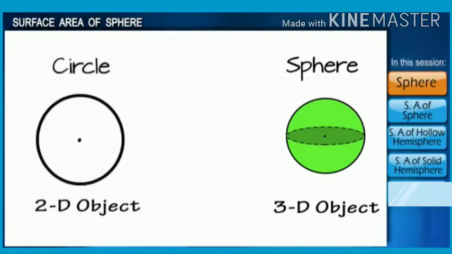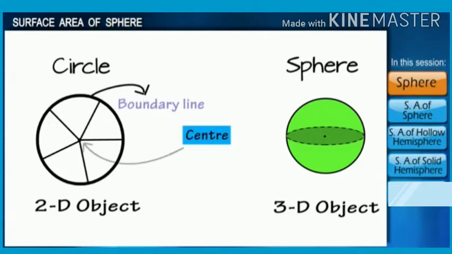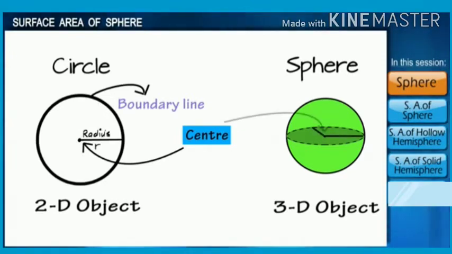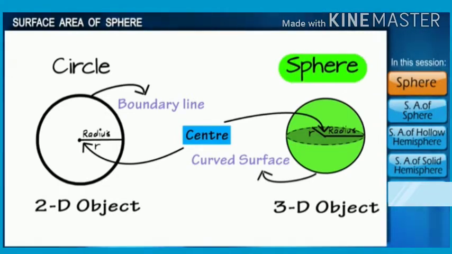Though they are different, they have some similarity. In a circle, the distance of each and every point on the boundary from the center is constant. We call it the radius. In the same way, in a sphere, instead of the boundary, every point on the curved surface is equidistant from the center, and this distance is also the radius.